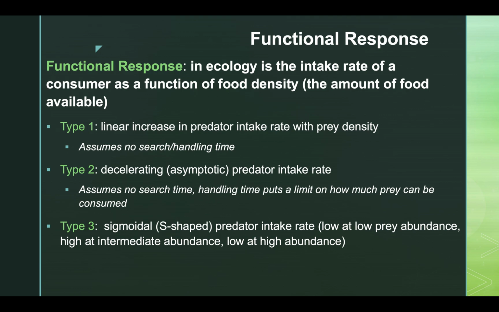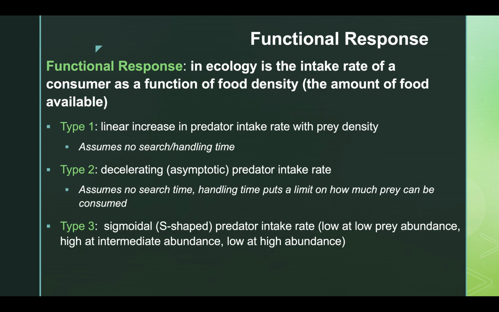So that means that it is a low intake rate at low prey abundance, which could mean that it's hard to find food, for example, a high intake rate at intermediate abundance, and then a low intake rate at high abundance. So think of it as kind of a parabola, right?